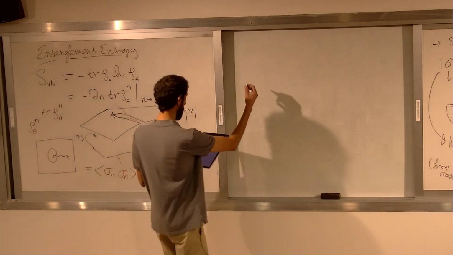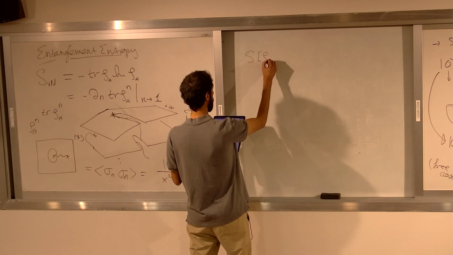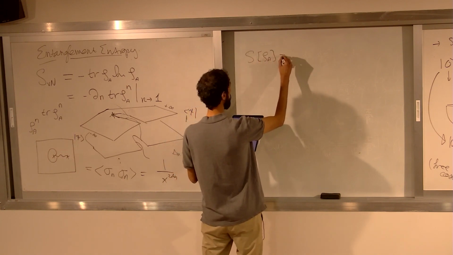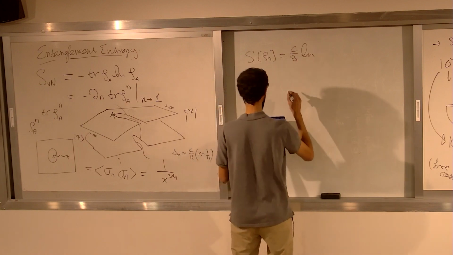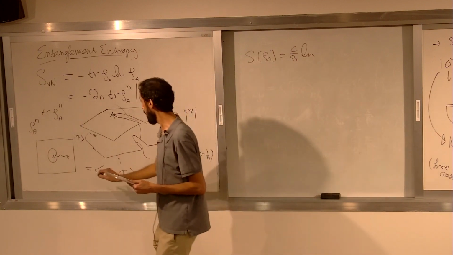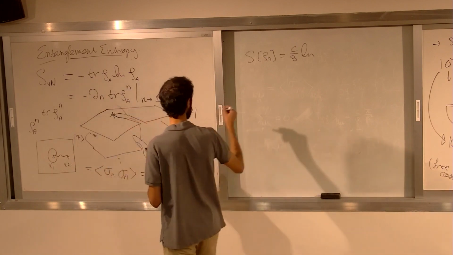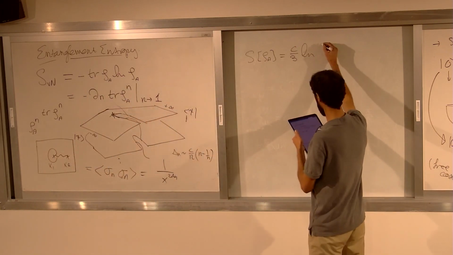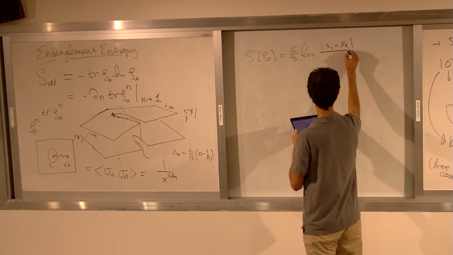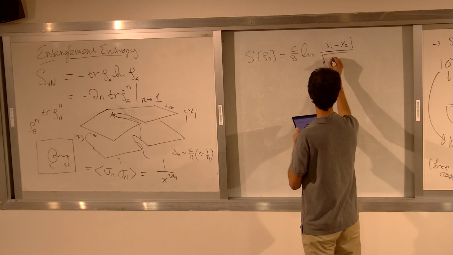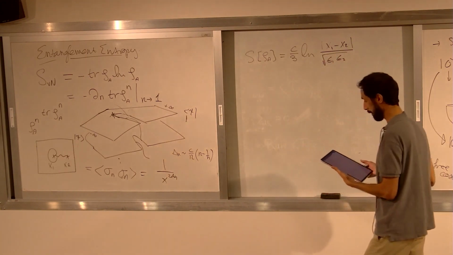Okay. Anyways, the upshot is that S of rho A is given by c over 3, let's say that rho A goes from x1 to x2. It's given by this nice formula, log of x1 minus x2 over square root of epsilon 1 epsilon 2.